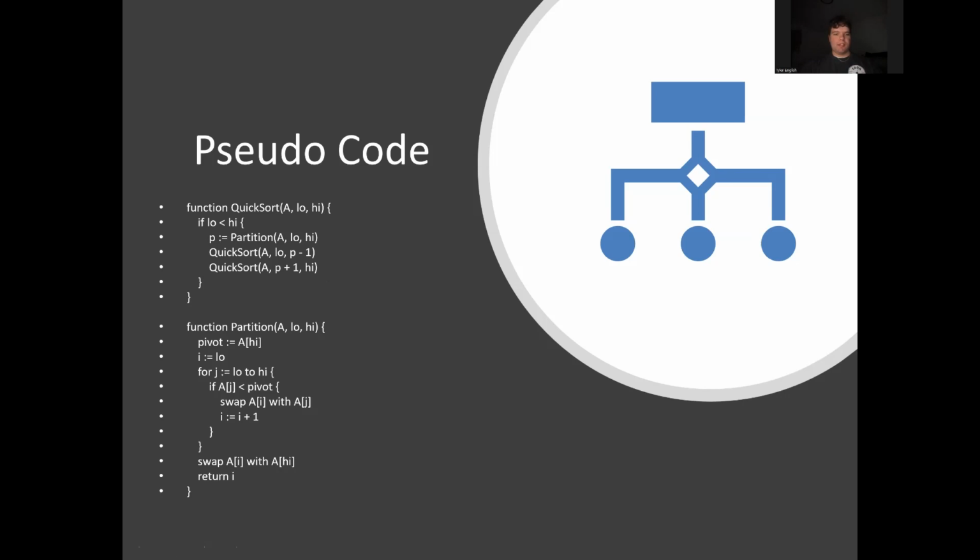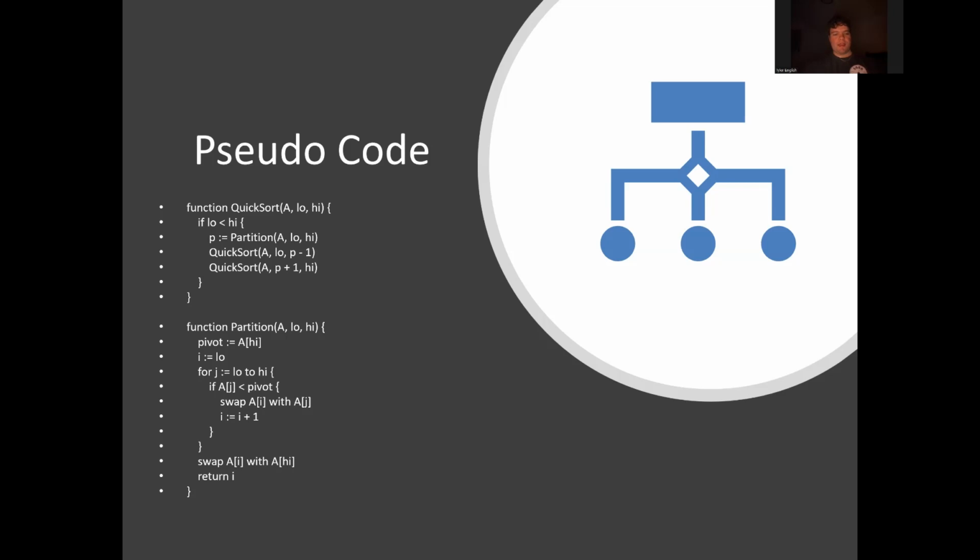Then in our partition function, we would look at A, low, and high. Pivot is equal to A of high, I is equal to low, and for J from low to high, we go through the elements.